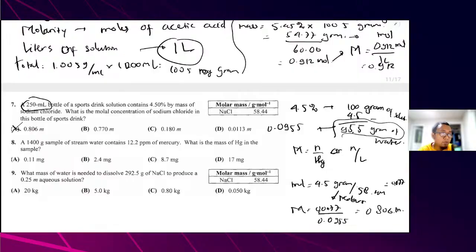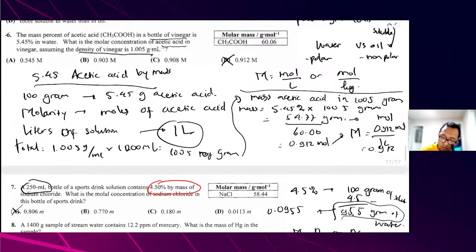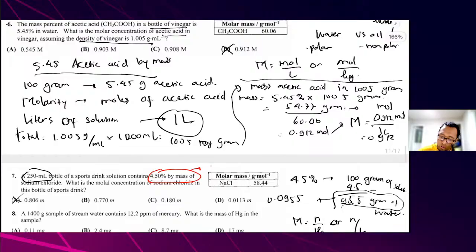If there is no information, in this case it is by mass, for percent by mass, remember we can assume 100 gram. This one is percent by mass and density. So in this case it's different. I just want to simplify the math itself.